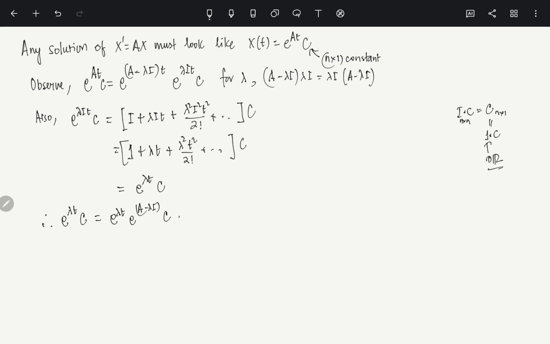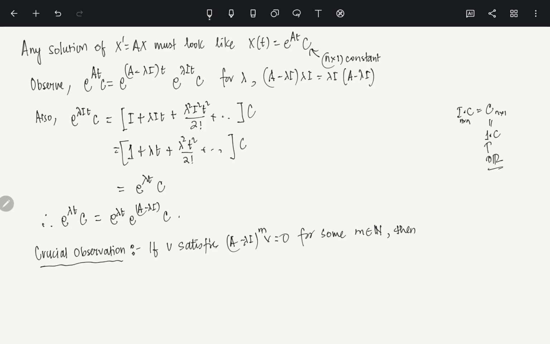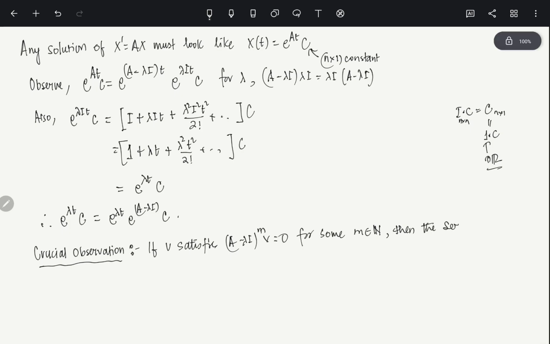Now, a crucial observation. See that if V satisfies A minus lambda I power m times V equals 0, for some m in N, then the series e power A minus lambda I t times C terminates after m terms.